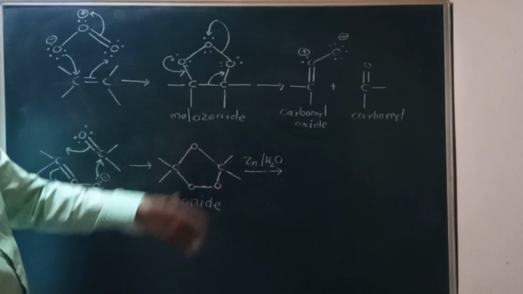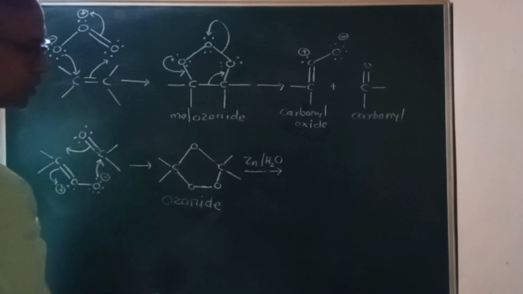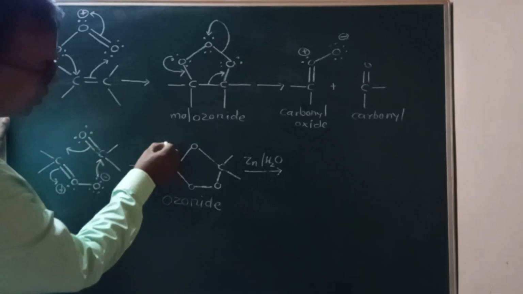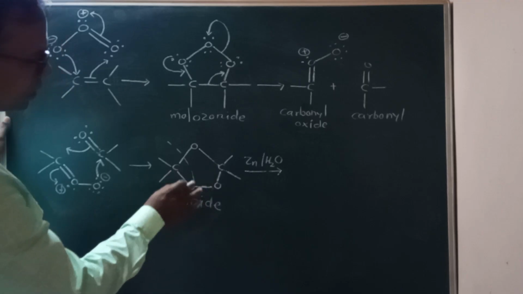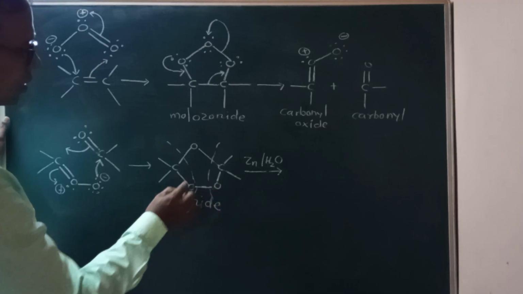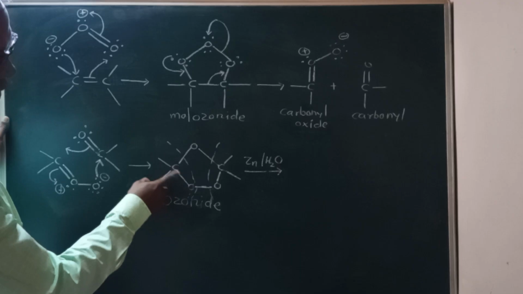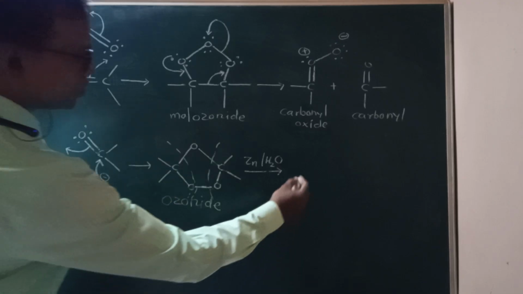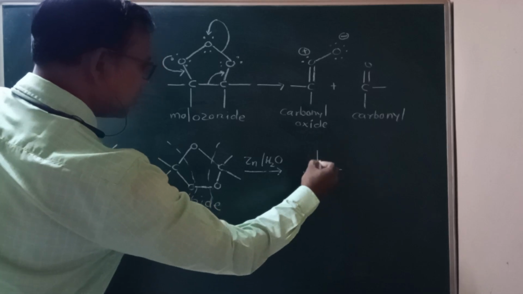You can also use dimethyl sulfide or even triphenyl phosphine as a reducing agent, which are mild reducing agents. So this ozonide undergoes cleavage like this, right? So what happens? We'll get dash C double bond O, and this will get dash C dash double bond O.